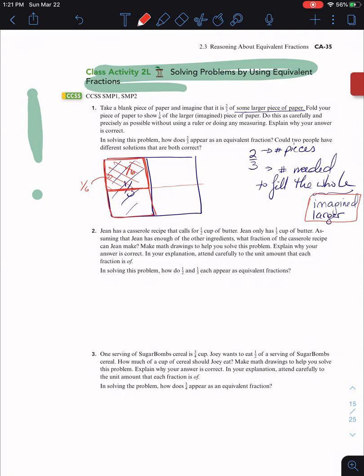Well, we could say that 2/3, if we cut the pieces into 1/6, we're making twice as many pieces. We will need twice as many pieces to fill the whole, so we would need twice as many pieces to fill whatever that piece of paper is as well. So what we would be representing here in our piece of paper is 4/6. So we could then also look at cutting the piece of paper we have into 4 pieces, and each one of those is 1/6.